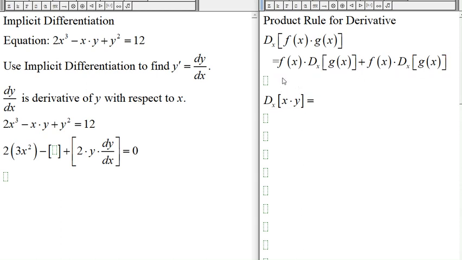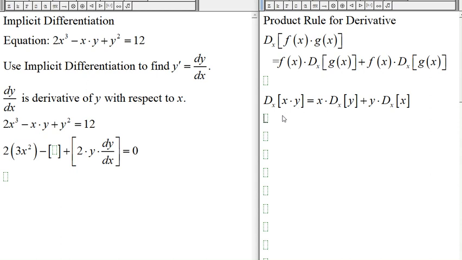So right here, think of f(x) as x and g(x) as y. We'll get x times the derivative of y, plus y times the derivative of x.